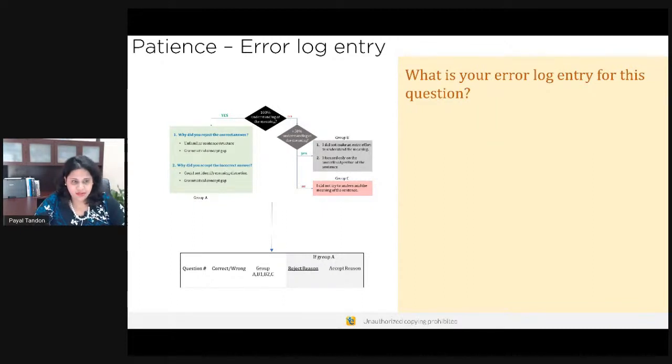Now, what is your error log entry for this question? I want you to enter that. All of you selected the correct choice C, but I want you to tell me whether for meaning you belong in group A or group B or group C. Tell me what is your error log entry.